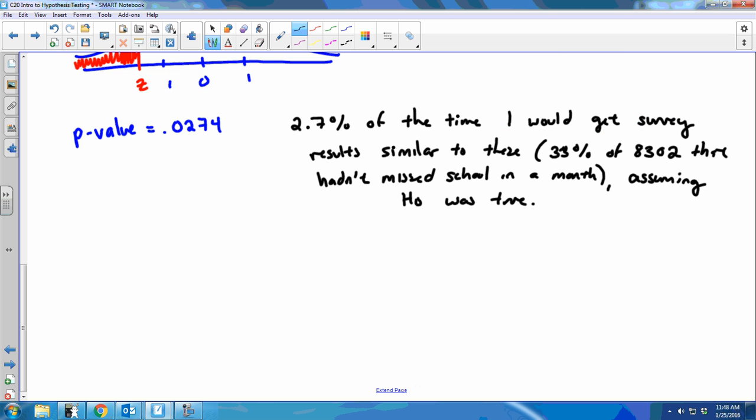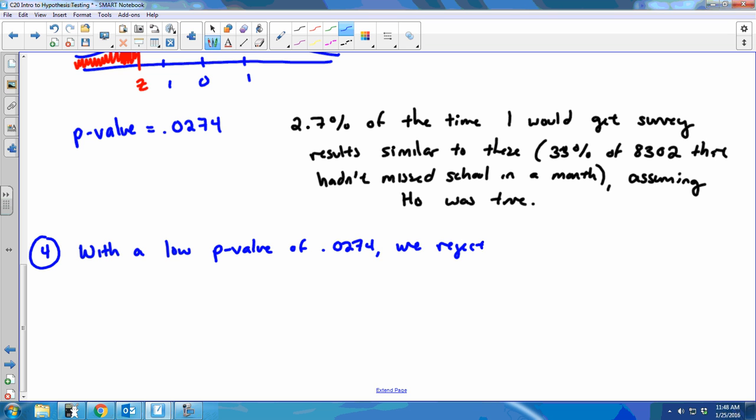All right, so here's my conclusion. Step 4. With a low p-value, again, p-value is a fancy name for probability, of 0.0274, we reject the null hypothesis.